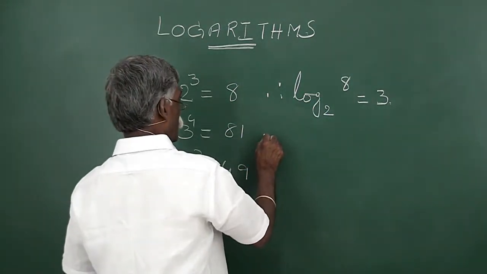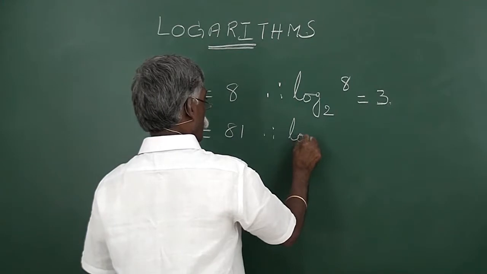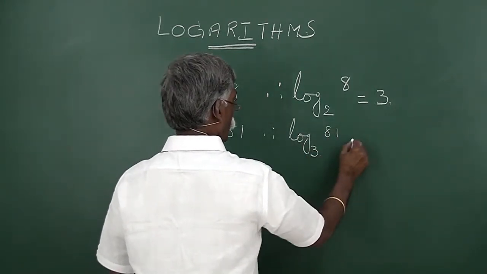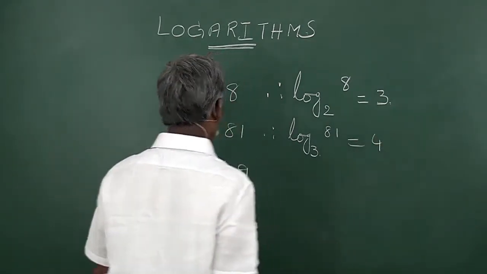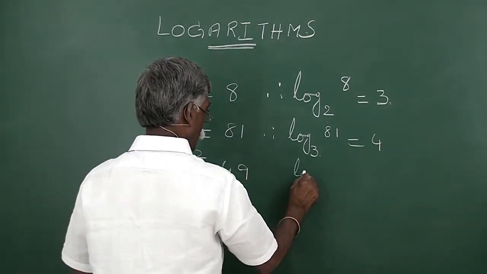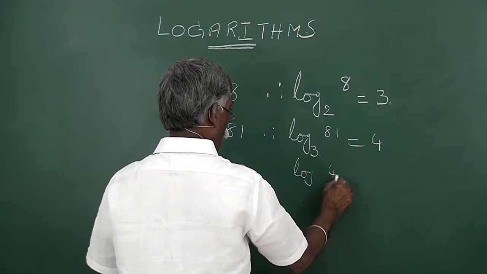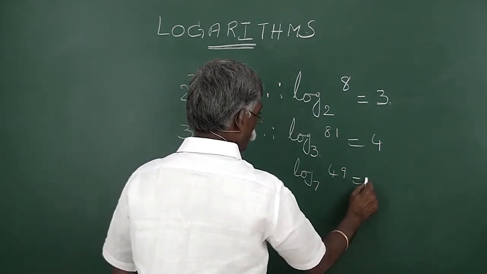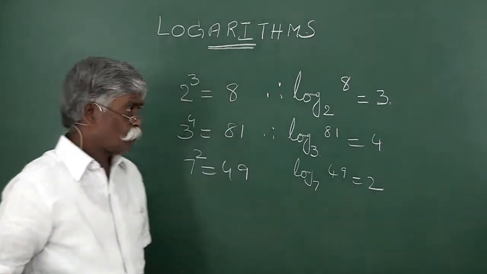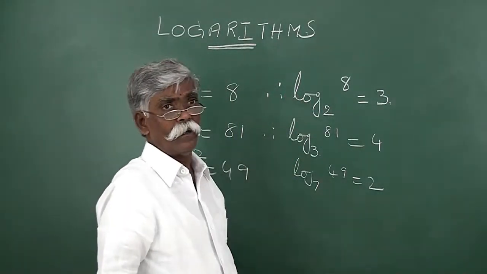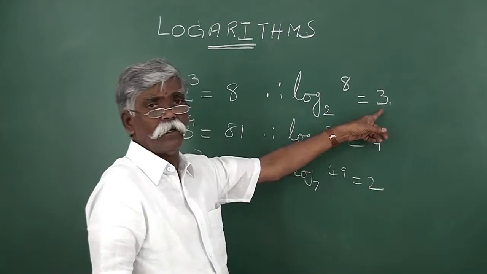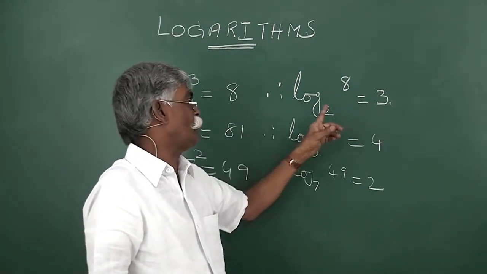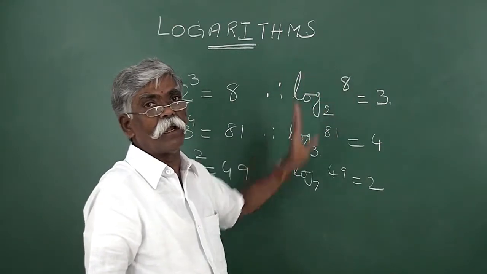And similarly here, logarithm of 81 to the base 3 is 4, and logarithm of 49 to the base 7 is 2. So the logarithm of a number is the value to which the base should be raised to get the given number.